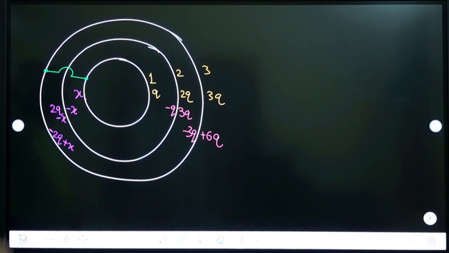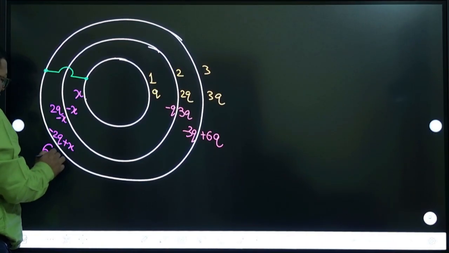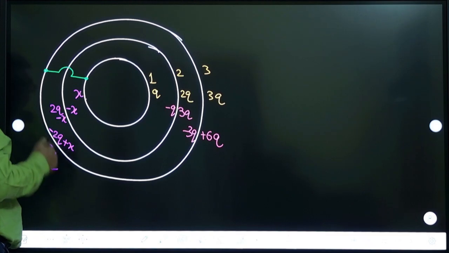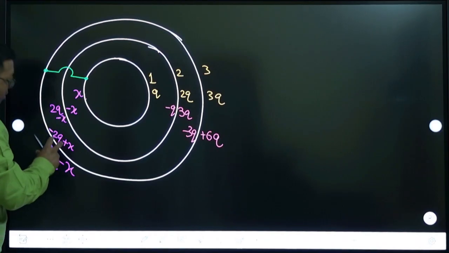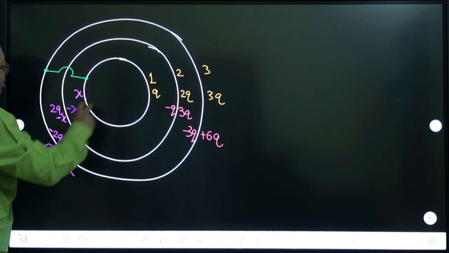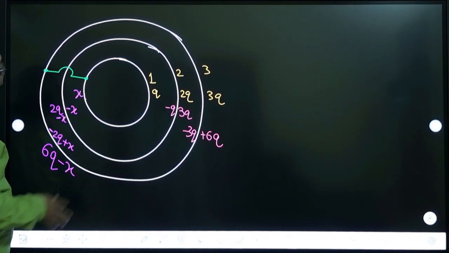How much charge must be in the outer surface? Can you guess it? So we can write this as 6q because 6q minus 2q will give 4q, and we should write this as minus x. Why? Because this total sum of this plus this must give 4q. It must give 4q, correct?